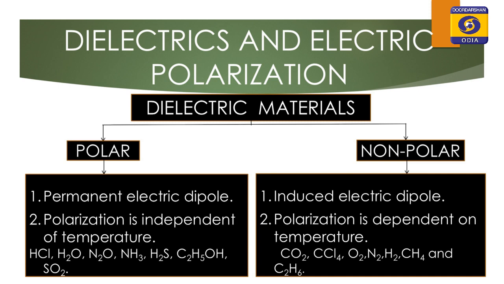In some materials consisting of atoms and molecules, monoatomic molecules normally have the positive charge center and negative charge center coinciding with each other. In some polyatomic molecules also, like carbon dioxide having a linear chain, the positive charge center and the negative charge center coincide with each other.